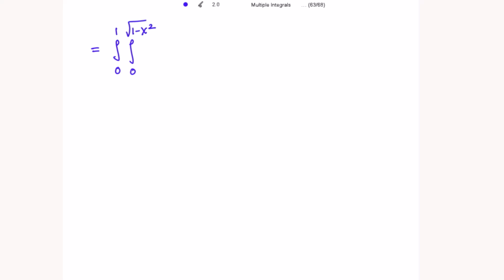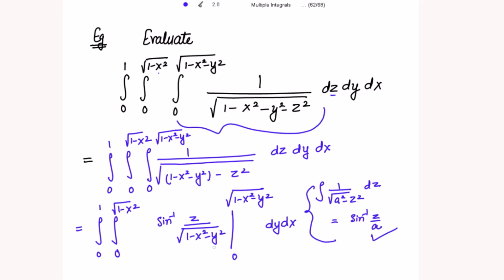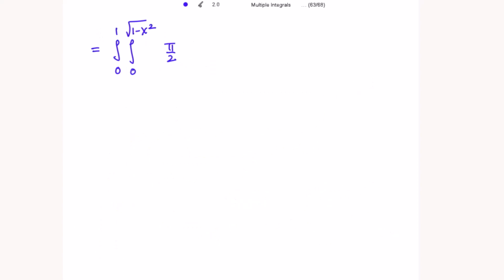Sine inverse 1 is pi by 2 minus, when you put 0 over here, sine inverse 0 is 0, dy dx. So the integration for this is constant pi by 2.